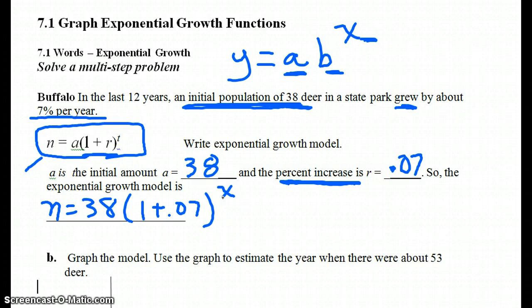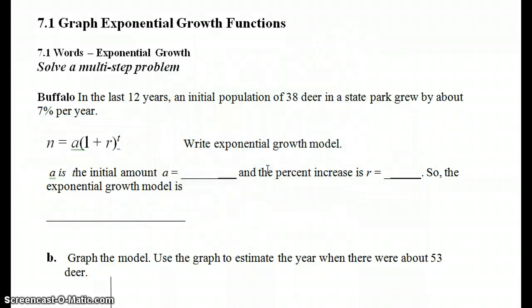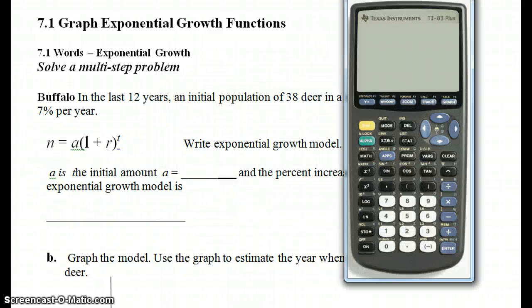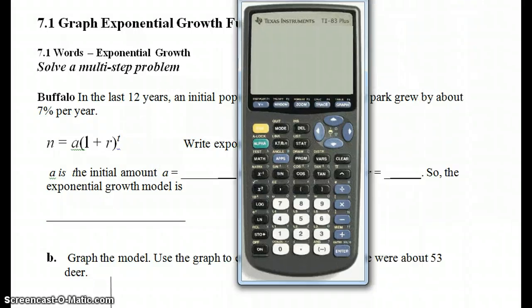So if we want to know how much we would have after 12 years, we're just going to punch our calculator. So again, get your calculator out, punch with me. When you punch your calculator, you'll want to use the exponential growth, and so you take your 38, 1 plus your interest rate, and raise to the x power.